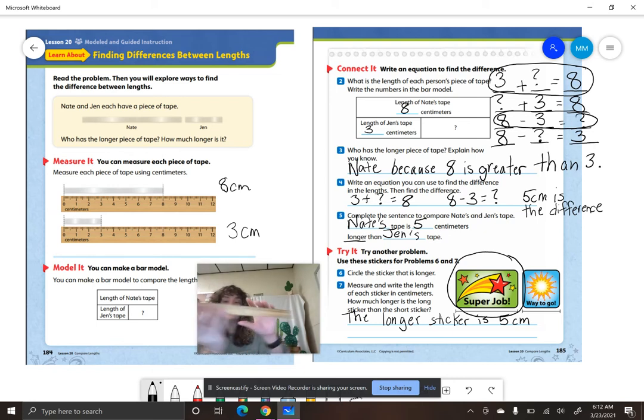All right, let's measure the shorter sticker, the blue sticker. So make sure to line up with the 0 on the left end and then draw an imaginary line to the right end. All right, how many centimeters did you get? 3 centimeters. So number 7 says measure and write the length of each sticker in centimeters.